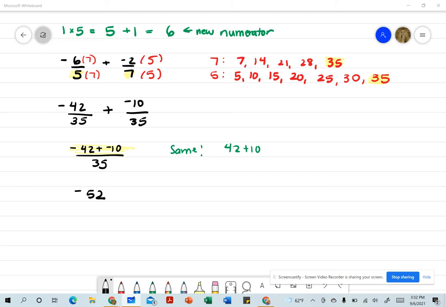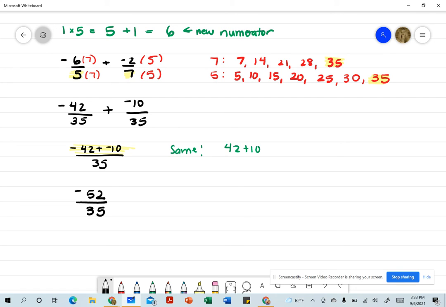Since they were both negative, it stays negative 52 and goes over 35. Now I look to see if I can simplify. This is even because it ends with a 2, so I know it divides by 2, but guess what? 35 doesn't divide by 2, right? In fact, nothing divides into 35 besides 7 and 5.